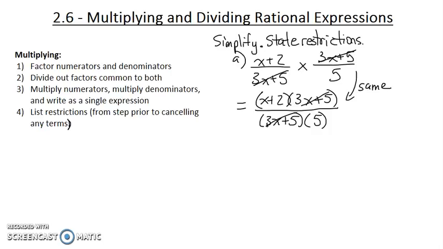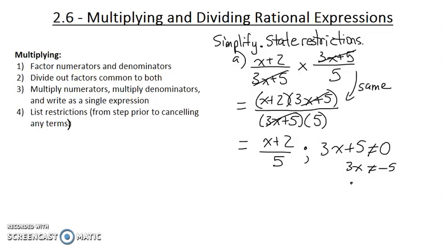And then we can clearly see that 3x plus 5 cancels out. So you're left with x plus 2 over 5. And the restriction here is that 3x plus 5 cannot be 0. 3x cannot be negative 5, and that means that x cannot be negative 5 over 3. So there you go. That's our first example.